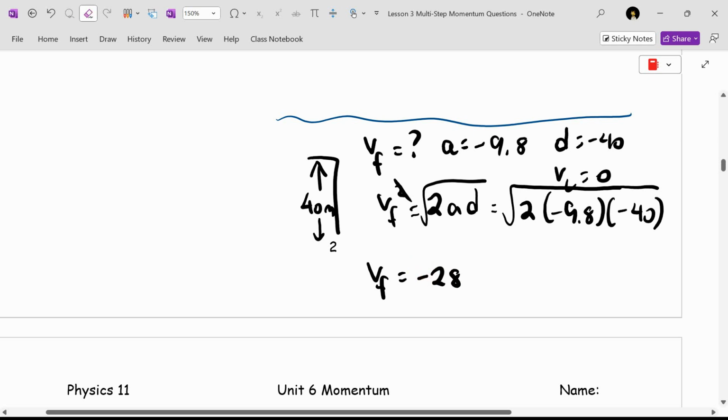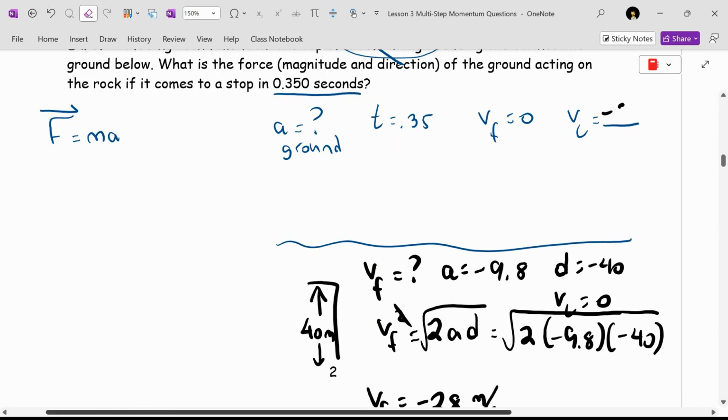Okay, let's continue. So we go like this. Now that's V final when we hit the ground, which is also V initial when we start coming to a stop. Laura, I'm looking for an equation that's got an A, a T, a VF, and a VI in it. There is one. Get the A by itself.